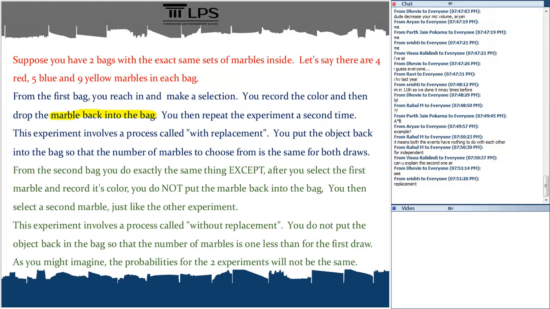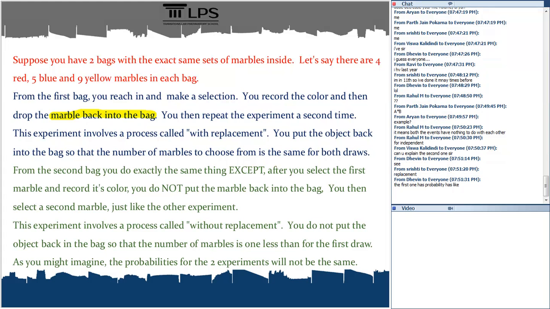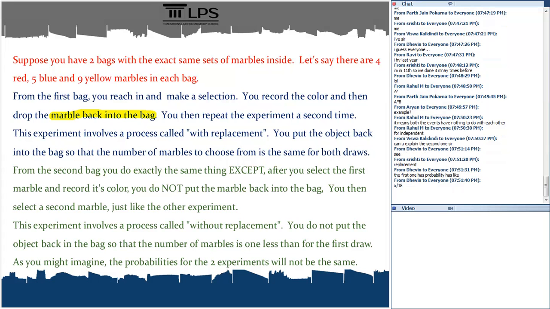So every time you draw a marble from the bag, the total number of marbles is always going to remain the same.